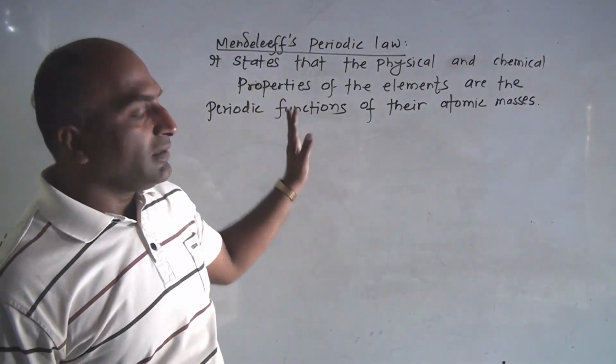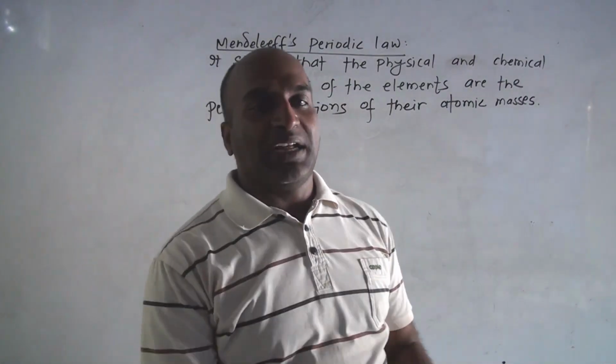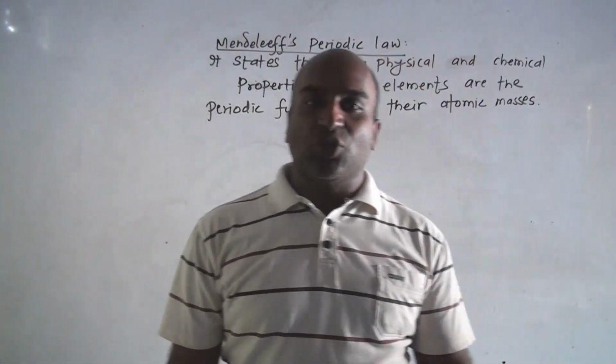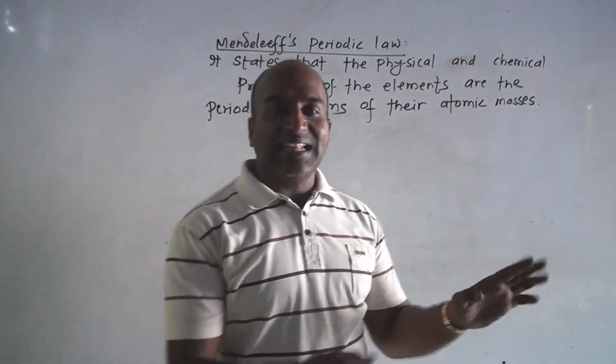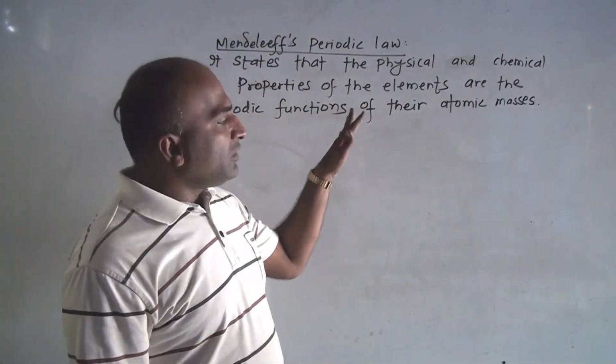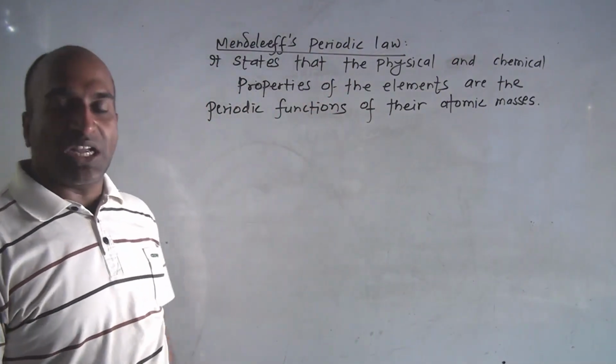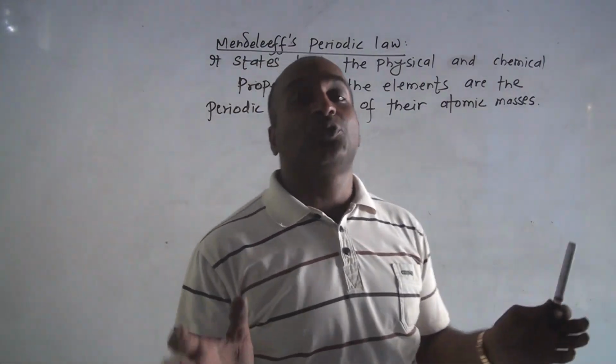Now, after knowing group, period, alkali metals, alkaline earth metals, isotopes, isobars, lanthanides, and actinides, we go again systematically through Mendeleev's periodic table. First of all, what is Mendeleev's periodic table?